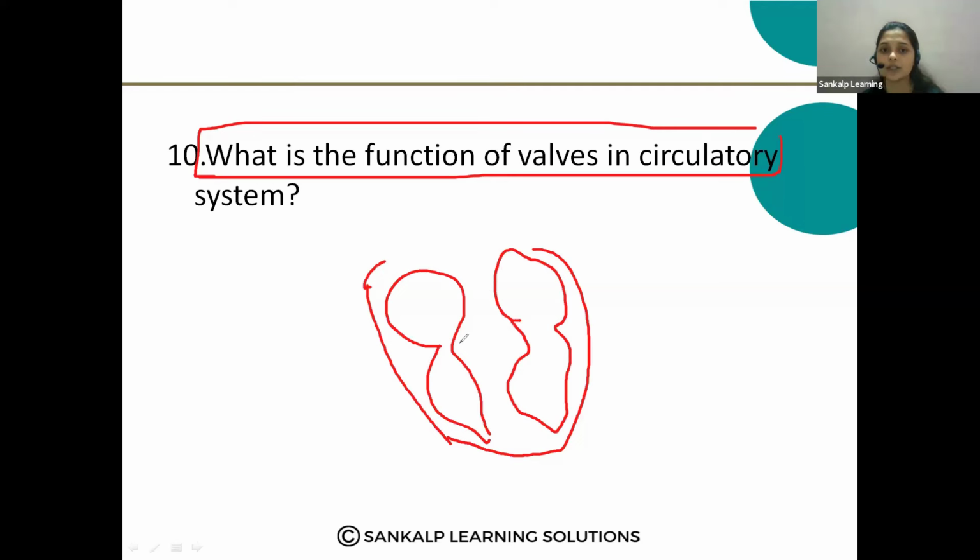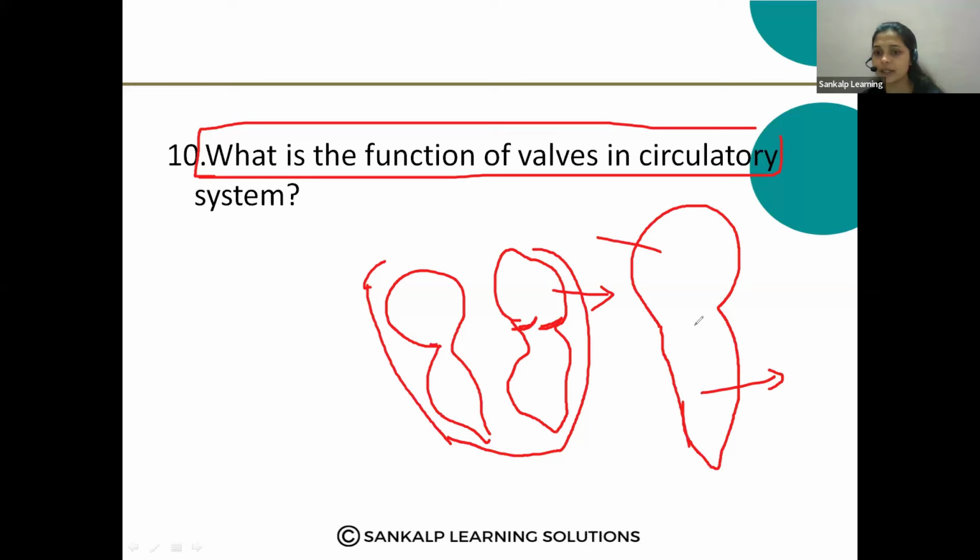Okay, good. So there are some valves present in between the atrium and the ventricles. The atrium receives the blood, and the blood moves to the ventricle, right? So you have studied that. In between the atrium and ventricle there are valves. What is the use of these valves?